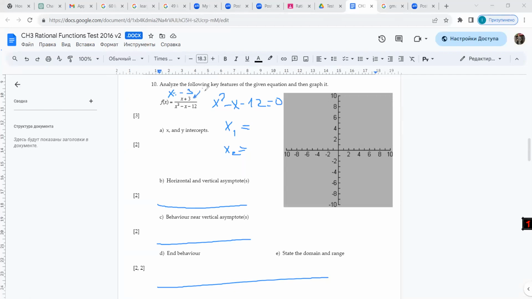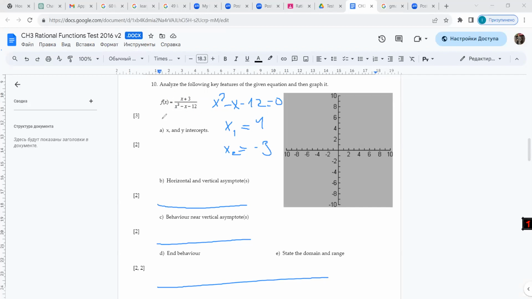Your numerator is 0, your denominator equals 0. And what does it mean? It means you have a dot discontinuity, right? But how do you check it? You know that there are two x solutions for the denominator. x1 would be 4 and x2 would be -3. And now you can factor this quadratic function.